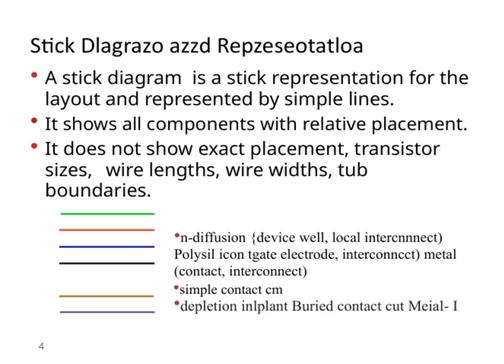The diagram uses different colors or symbols to represent various elements like N diffusion areas, polysilicon gate electrodes, metal contacts and interconnects, and simple contacts. This approach helps us quickly visualize how components are arranged and connected, focusing more on the overall structure rather than precise measurements. It's a useful tool in the design process to understand layout relationships in a clear and simplified manner.